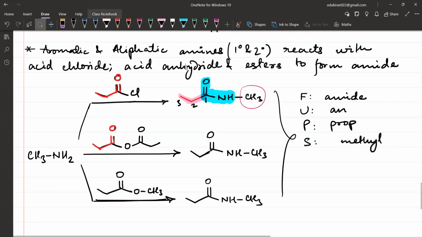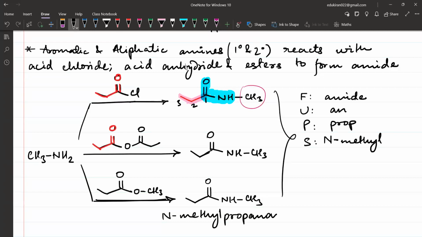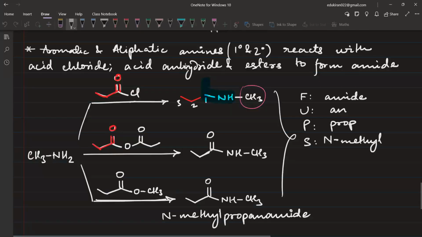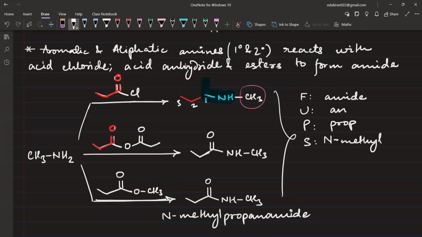Since it is not attached to a carbon atom, it is attached to the nitrogen atom. So we will write this as N-methyl. The name of all of these compounds is the same, that is N-methyl propane amide. Okay, so this is the name, N-methyl propane amide. Now I need to erase a few things because यहाँ पे फिर दिखेगा नहीं.